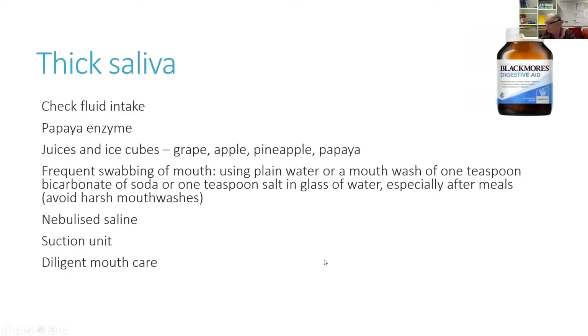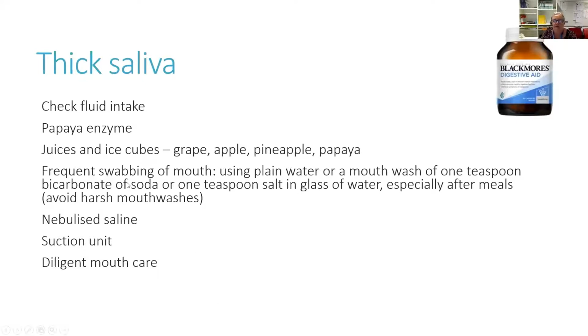The thick saliva as well, so check your fluid intake. That's number one, making sure you're not dehydrated and that's what's causing the thick saliva. Or you're talking too much like me and so you get a dry mouth. So it's important to make sure your fluid intake is good.